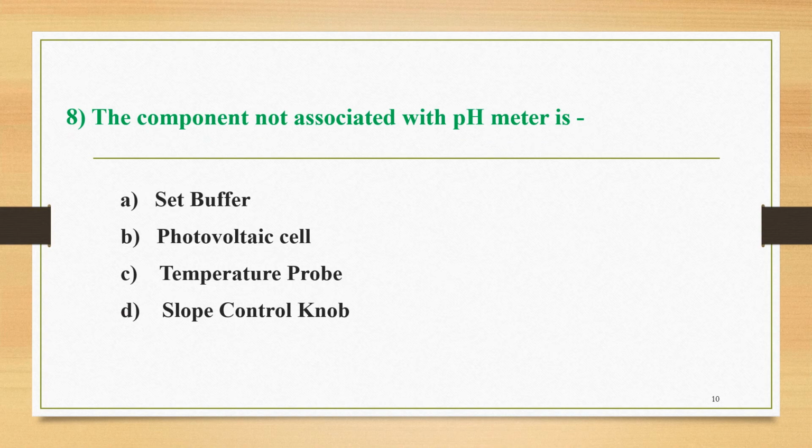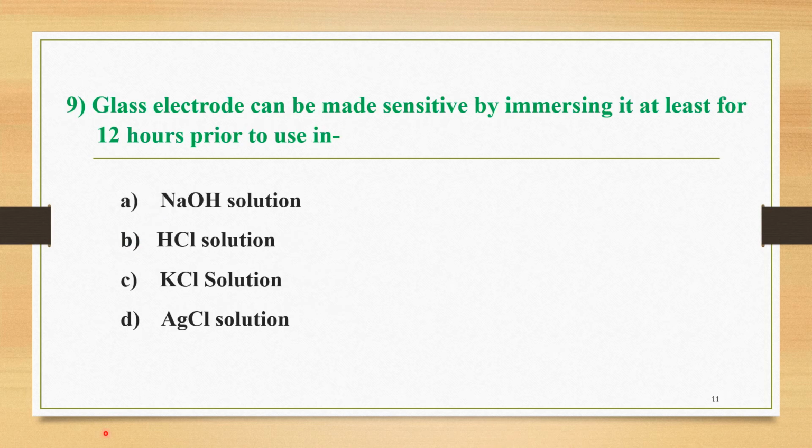The next question number 8 is here. The component not associated with pH meter is, and the four options are A, state buffer, B, photovoltaic cell, C, a temperature probe, and D, a slope control knob. The correct option among these four is option B, that is, photovoltaic cell. It is not associated with any pH meter. The next question number 9 is here.